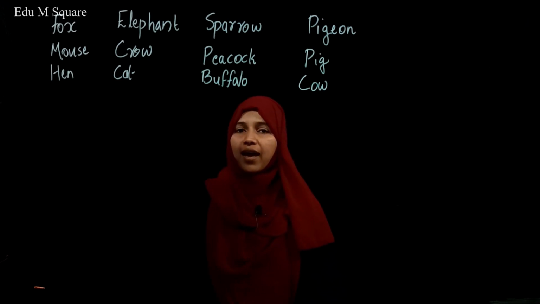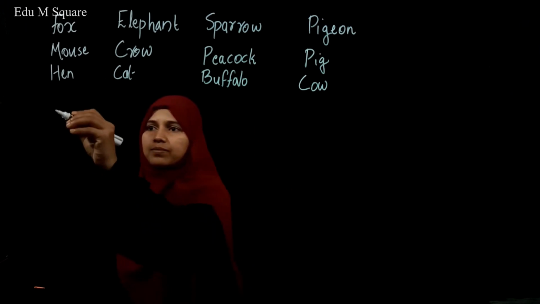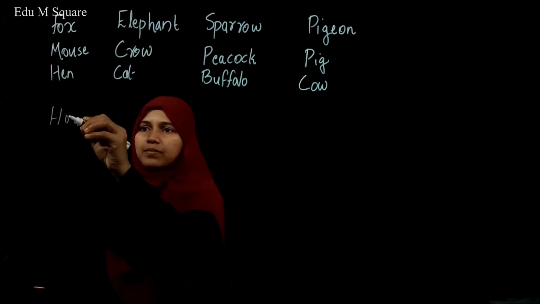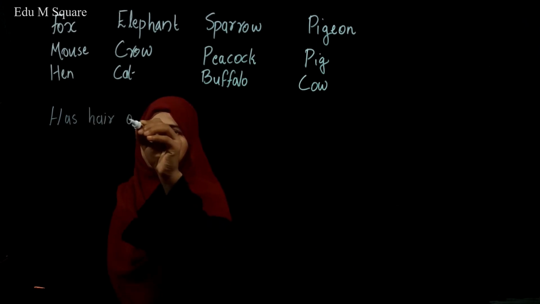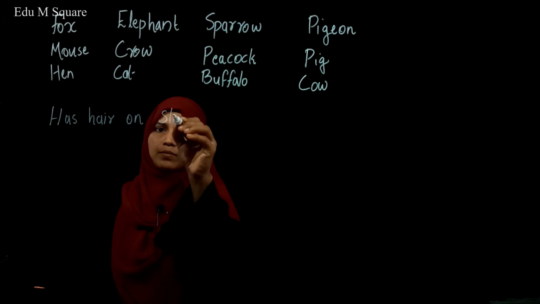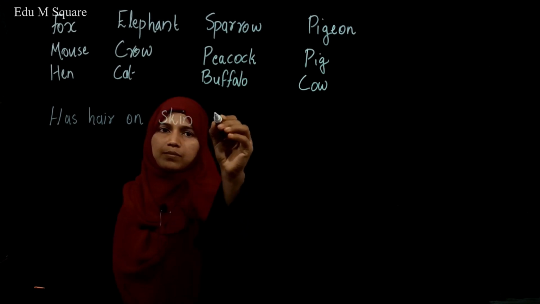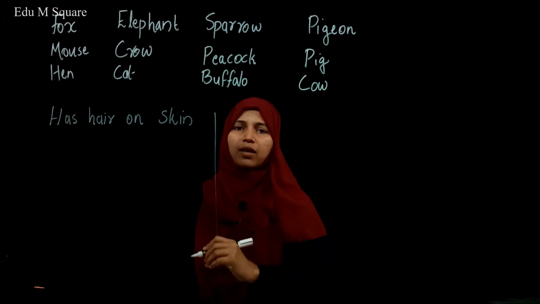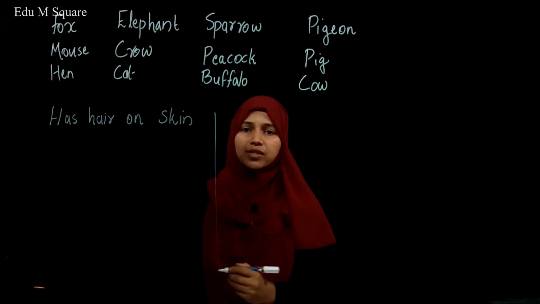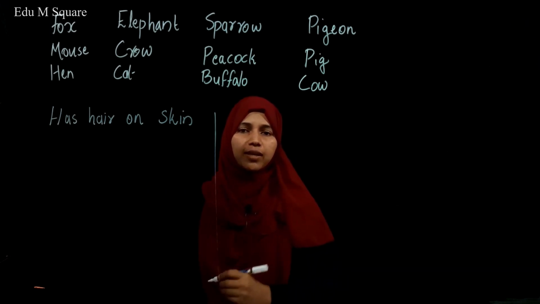One group: the animal has hair on its skin. The other group: the animal has feathers on its skin.